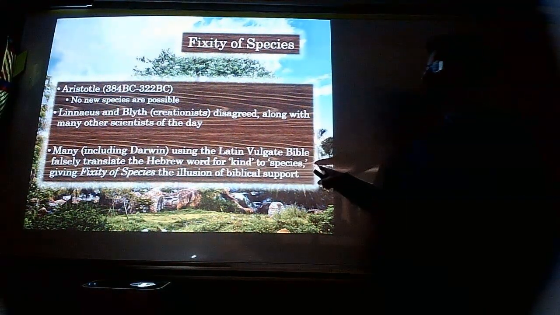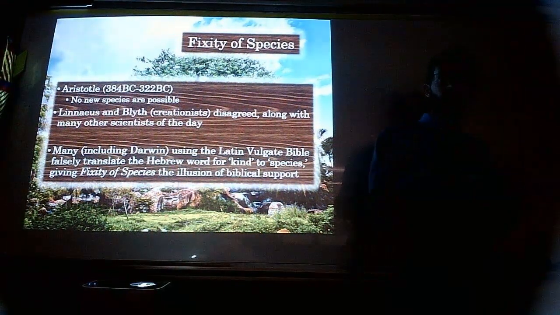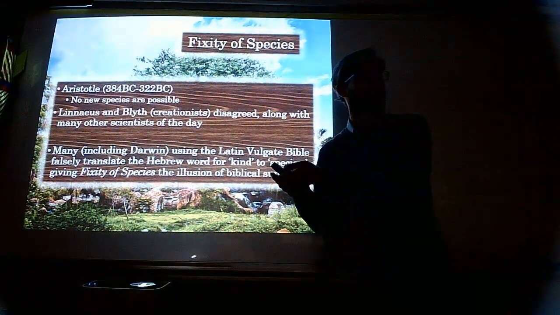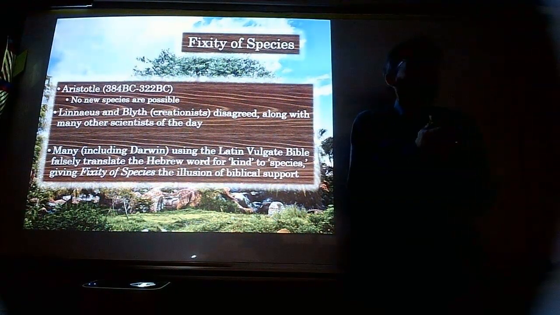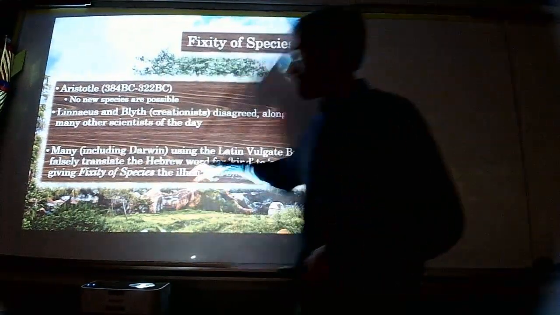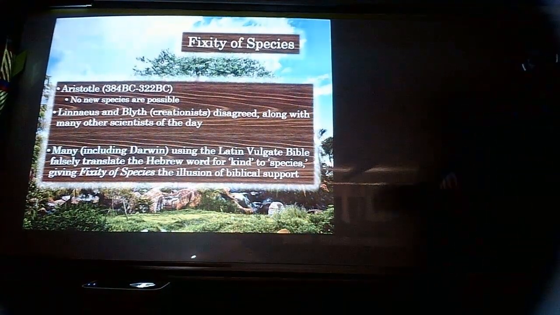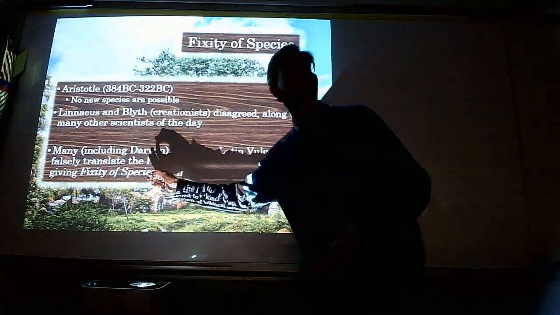So what they thought then is, because the Bible says that animals reproduce according to their kinds, well, if really they reproduce according to their species, that should mean that species do not change over time. And so that gave this idea, fixity of species, a place.